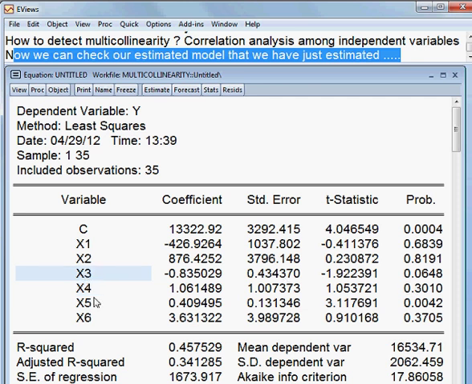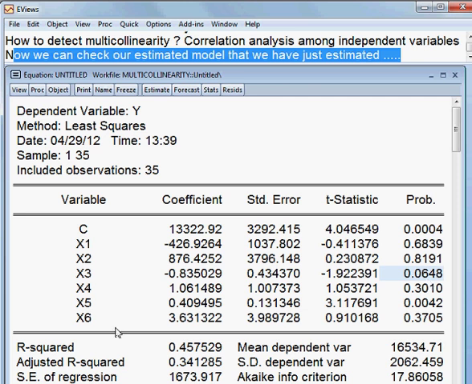Also we can say in another way that x4 is far away from y, and x3 is nearer to y, because the p-value is small, right?